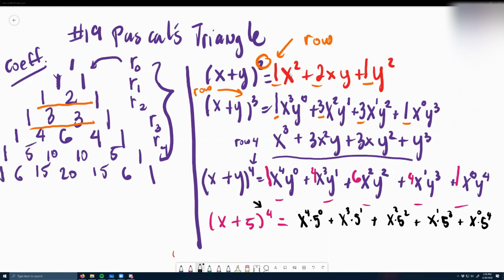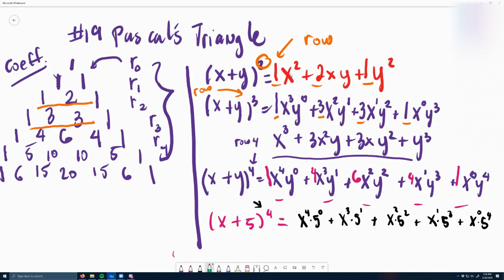Anyway, this is not done yet. We're also now going to fill this out with the coefficients. Again, we're using the 4th row, so there should be a 1 here, a 4 here, 6, 4, and then 1. Now, on an actual test, if we were going to quiz on this in class next week, I probably would have given this full credit because this tells me you understand the pattern.